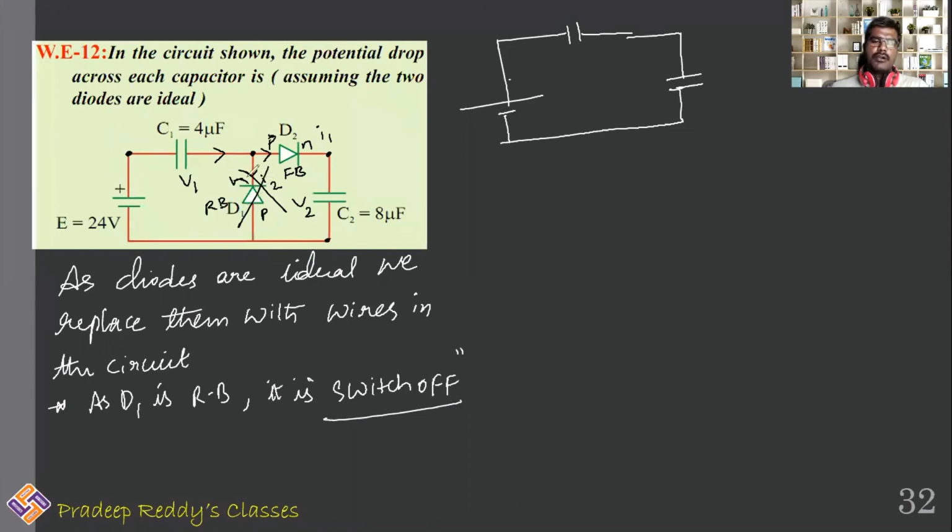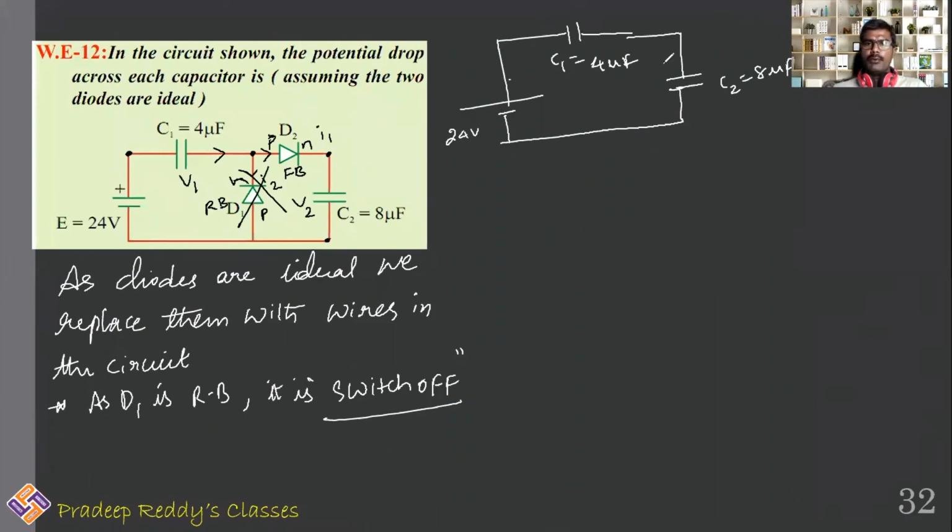So as it is switched off, you will not place that diode in the circuit. And what is left over here? C1, which is 4 microfarad, and C2, this is 8 microfarad. These are the capacitors given, and it is 24 volt. You want to now find out potential drop across each capacitor.